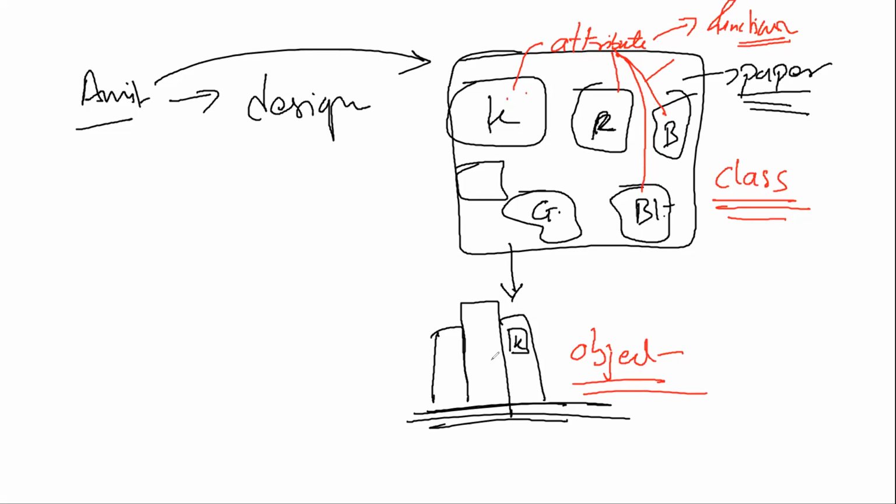Until you create your own home, you cannot do that. Once you have the home, you can use the kitchen functionality, right? You can cook inside the kitchen once you have this object ready. So class is only for design, and class is only for telling you what attributes and functions will be available. But you cannot use them until you have the object created out of it.